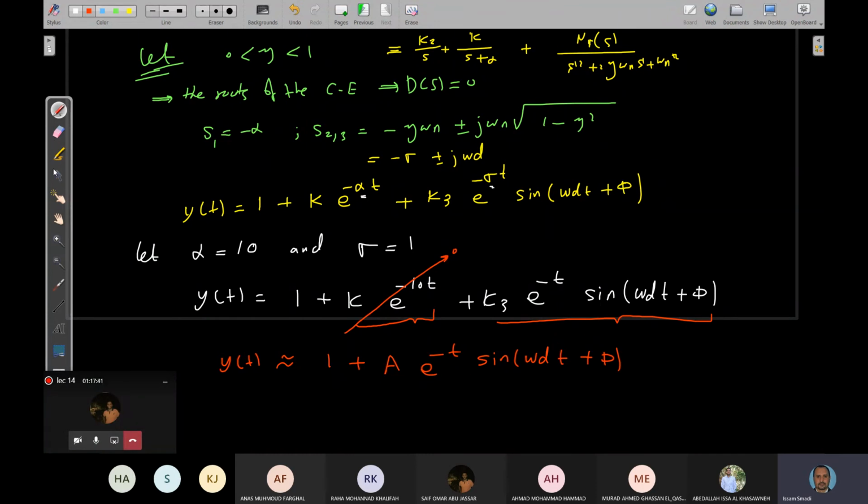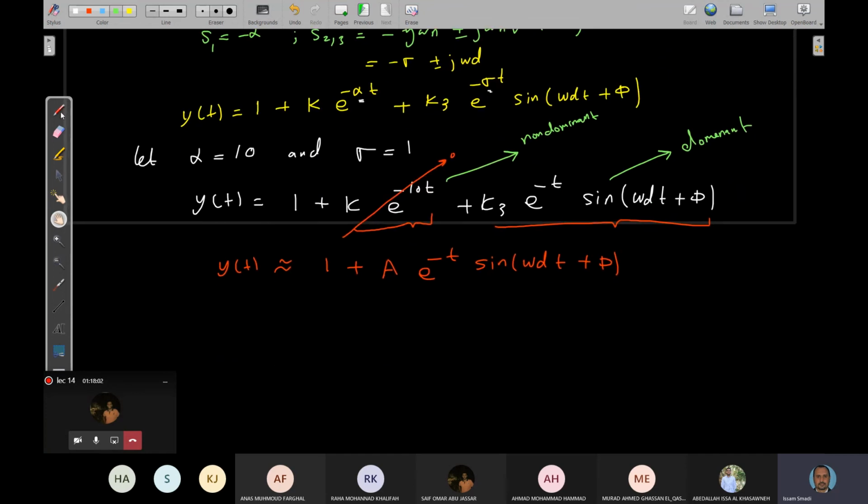So in this case, the first order system is called non-dominant, and the second order system is called the dominant. Good.